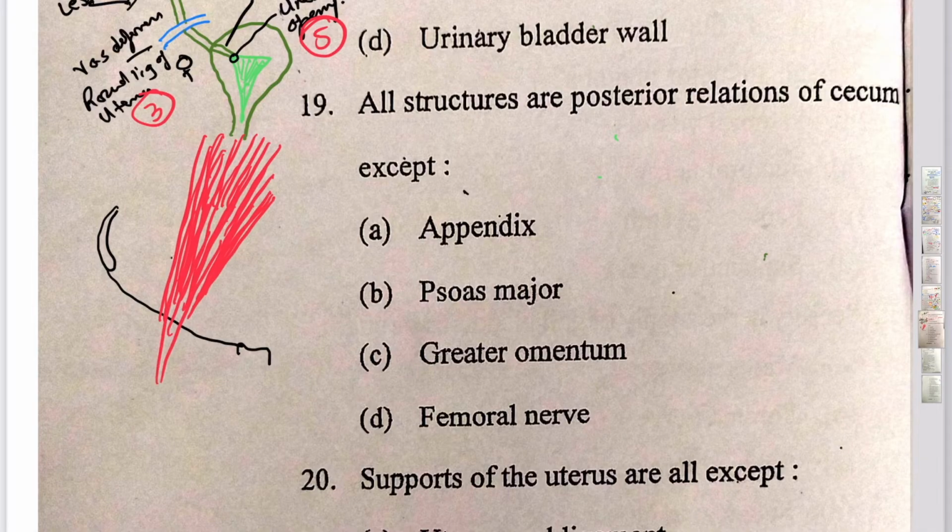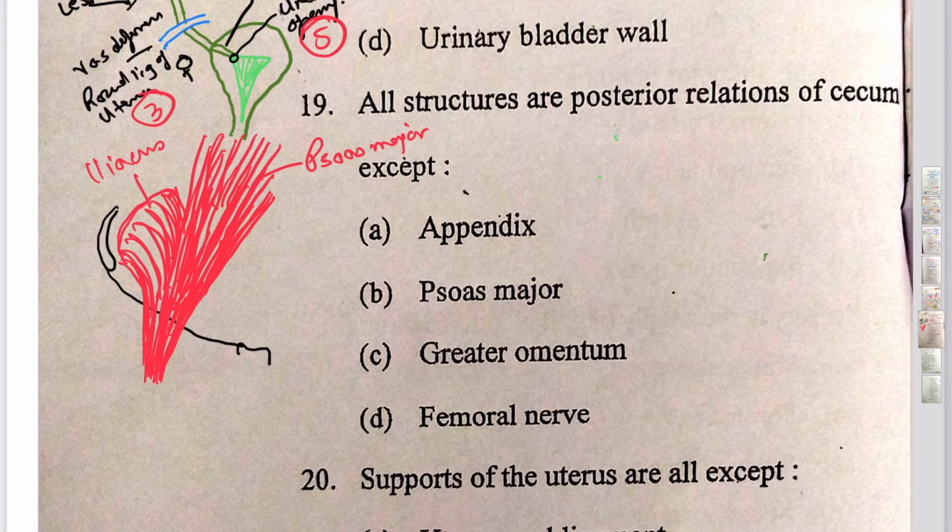This muscle descends down to get attached on the lesser trochanter of the femur, and in its course, when it reaches the greater pelvis, it also gets a contribution from the muscle iliacus. So together the two muscles, psoas major and iliacus, join and form iliopsoas to insert onto the lesser trochanter of the femur.